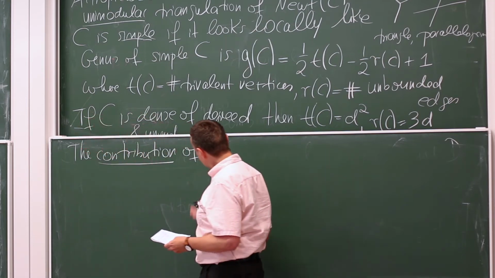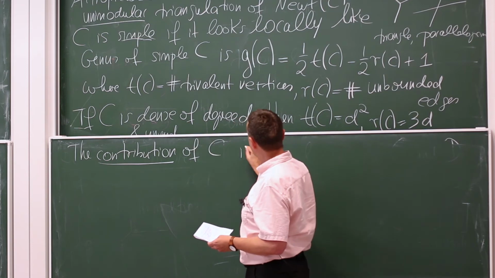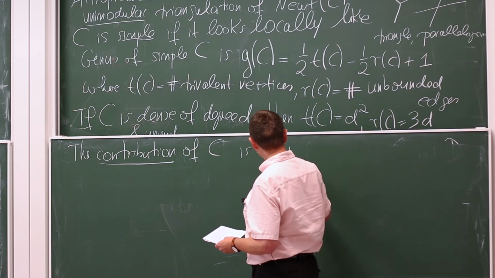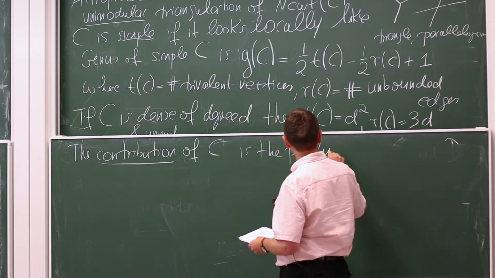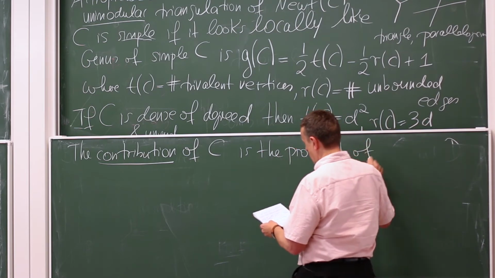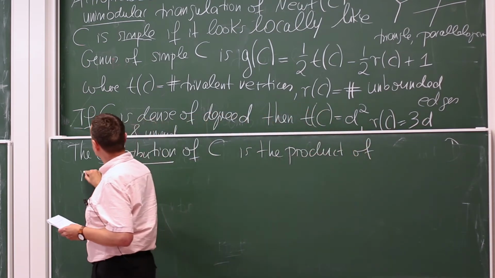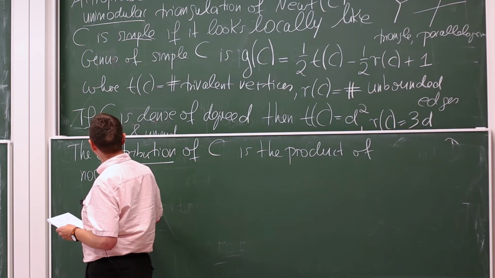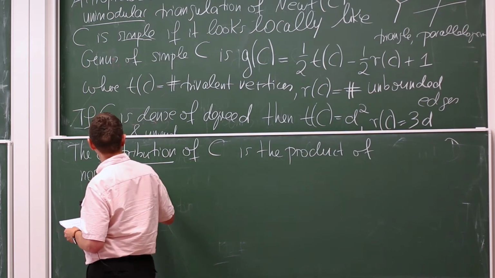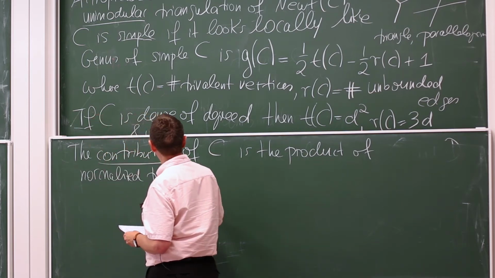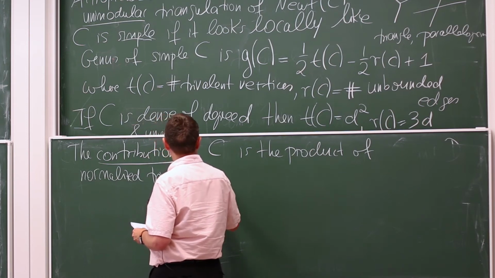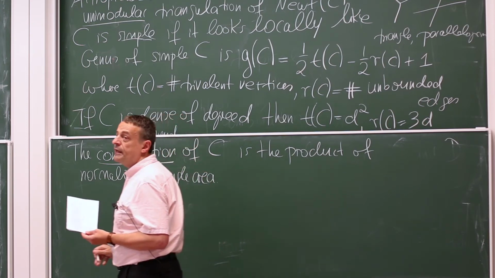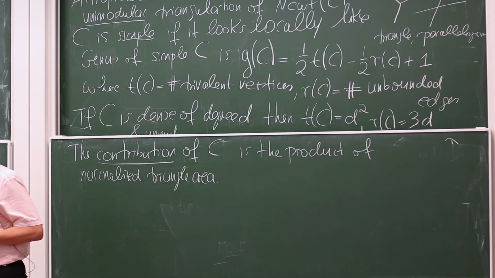So the contribution of a particular curve C in my count is the product of all the normalized triangle areas. And by the normalized area, I mean the usual area times 2. Right? So I'm going to normalize so that a smallest lattice triangle has area 1, and so on.